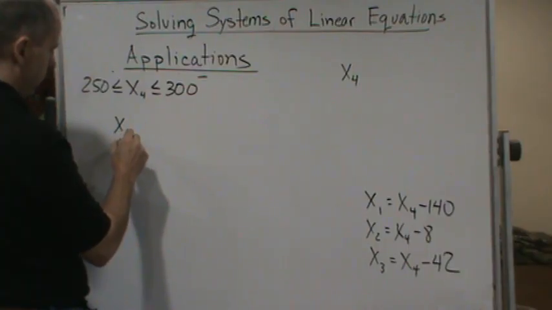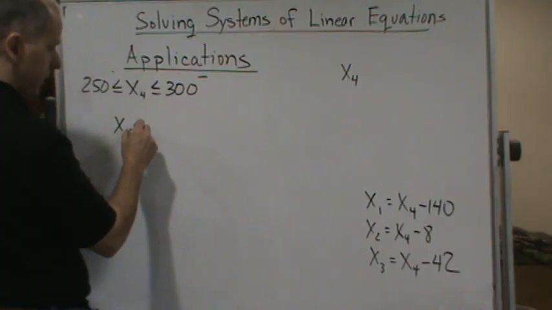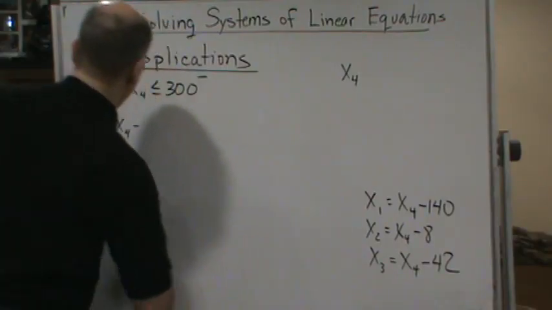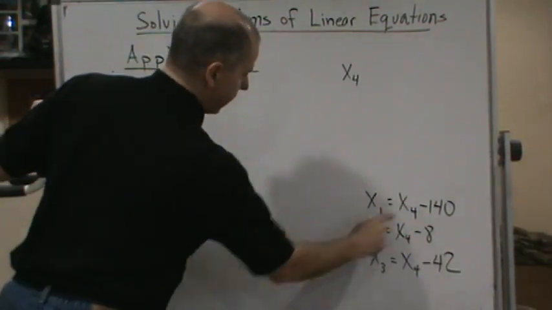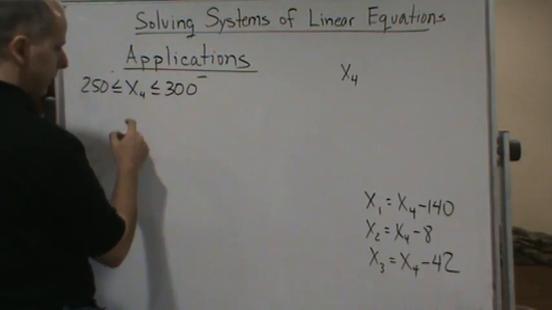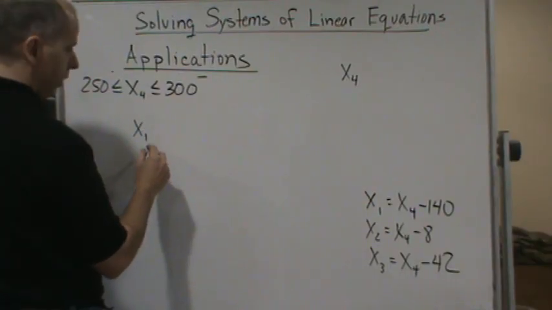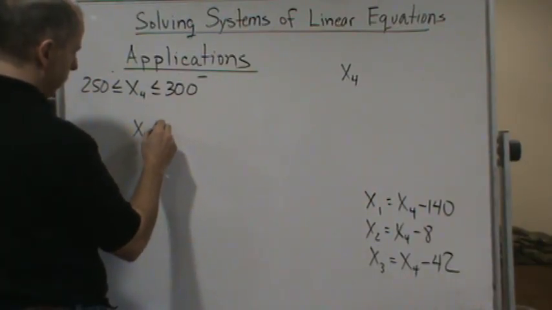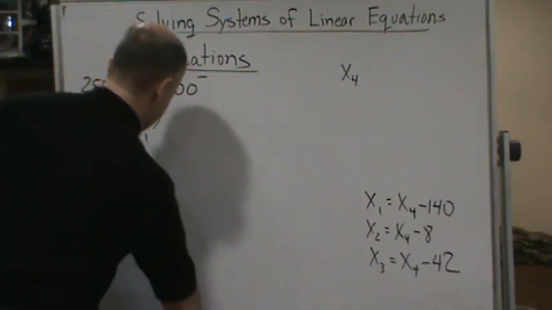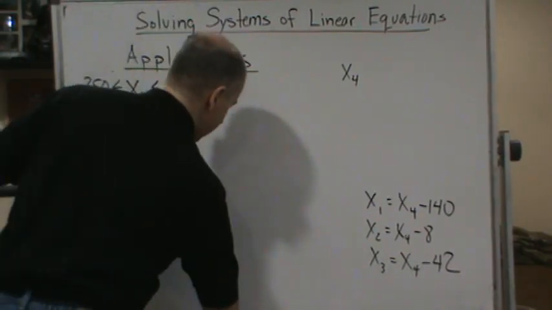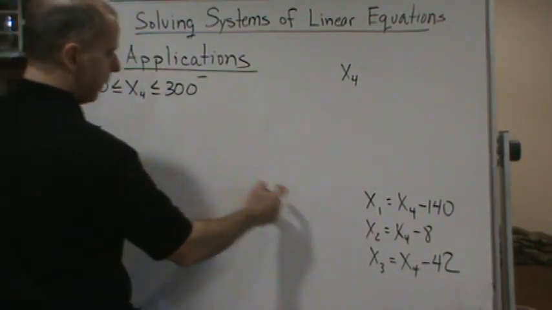I'm going to subtract 140 from all sides. Oh, let me do this in steps so you can see it. I don't want to skip steps. So let's think about it this way.